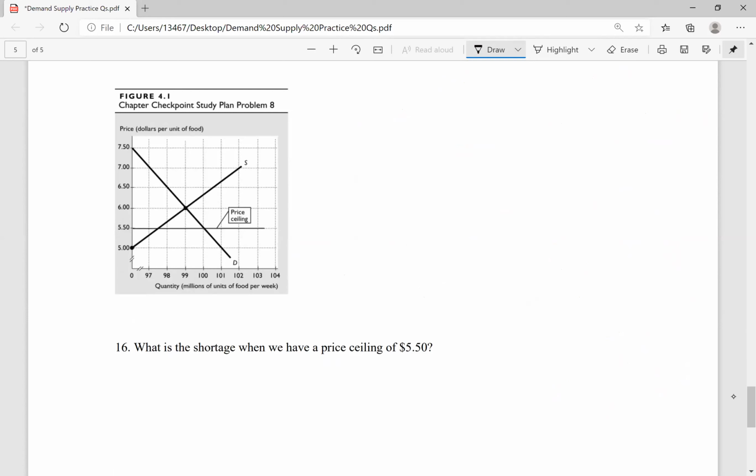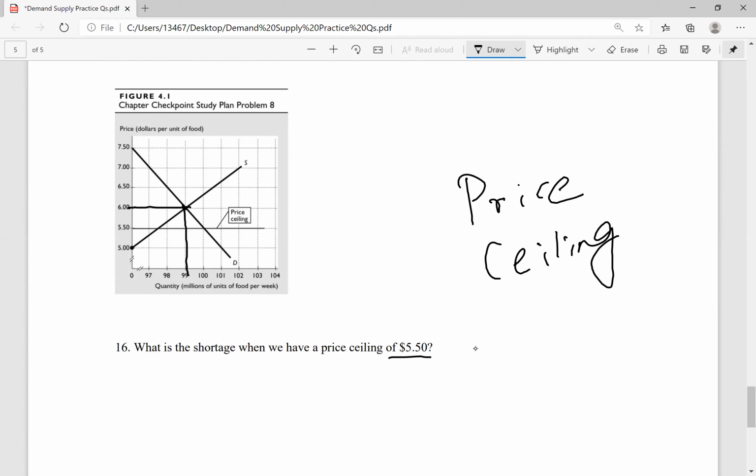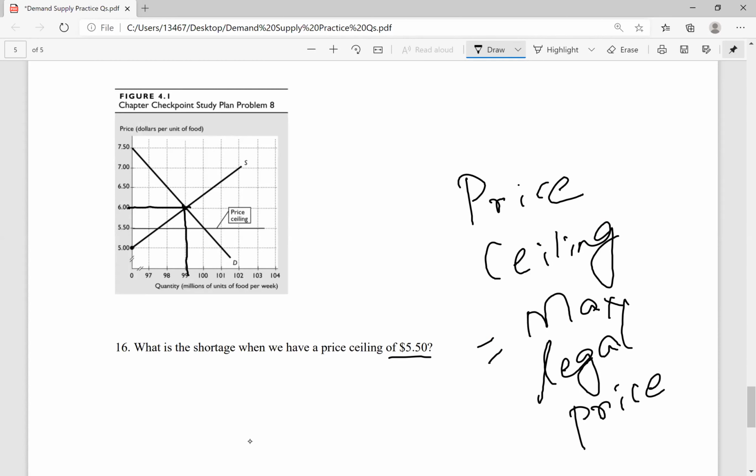Now take a look at this question here. It's telling me, what is the shortage when we have a price ceiling of $5.50? So what is a price ceiling? Price ceiling is defined as the maximum legal price.